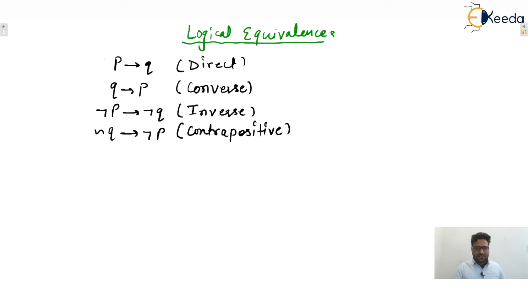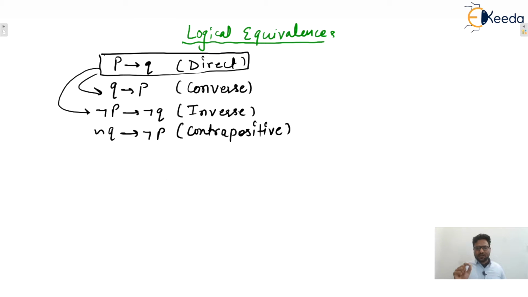So this one is your direct statement. If P implies Q is direct, then Q implies P is the converse, negation P implies negation Q is the inverse, and negation Q implies negation P is the contrapositive. Remember, in the converse, the right hand side becomes the left hand side and the left hand side becomes the right hand side.